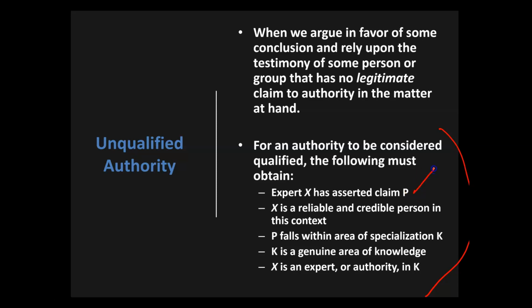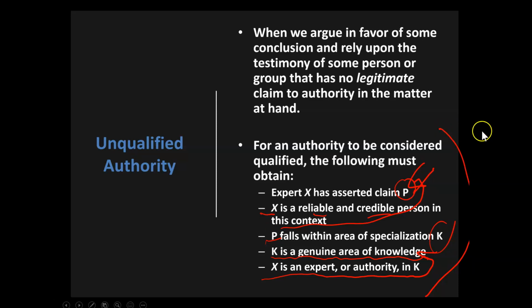Expert X, let's imagine, has asserted a certain claim, P. And X is a reliable and credible person in this context. And P, the claim being made by expert X, falls within an area of specialization, let's say K. K is a genuine area of knowledge, and X is an expert or authority in K, that genuine area of knowledge.